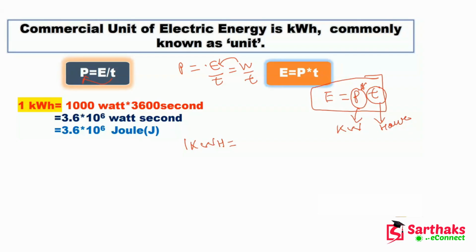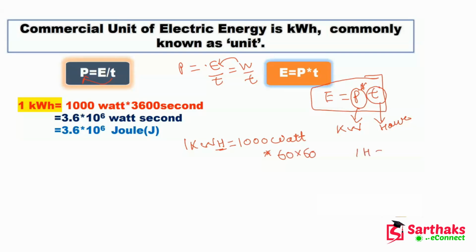So how can I calculate it? Basically, we know that 1 kilo is equal to 1000 watt. And 1 hour can be written as 60 minutes, and if I multiply further with 60, it will give me seconds in 1 hour.